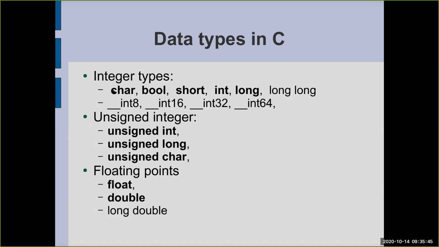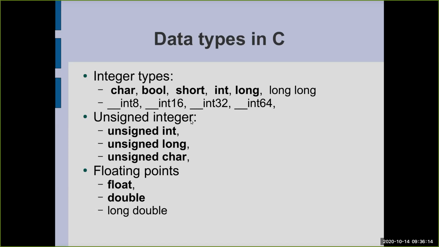So within the integer type, we have char, bool, short, int, long. So using these types, I can represent integer values, so values which have negative or positive elements, but they have to be integers.